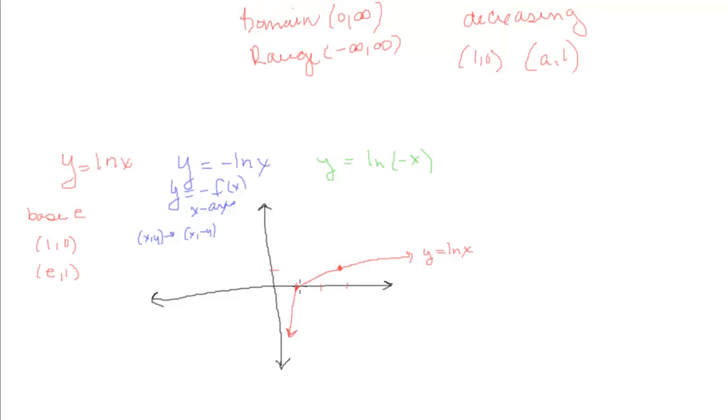So (1, 0) doesn't change, but instead of (e, 1), I would have (e, negative 1). So an x-axis reflection will look something like this. So that's y equals negative natural log of x.